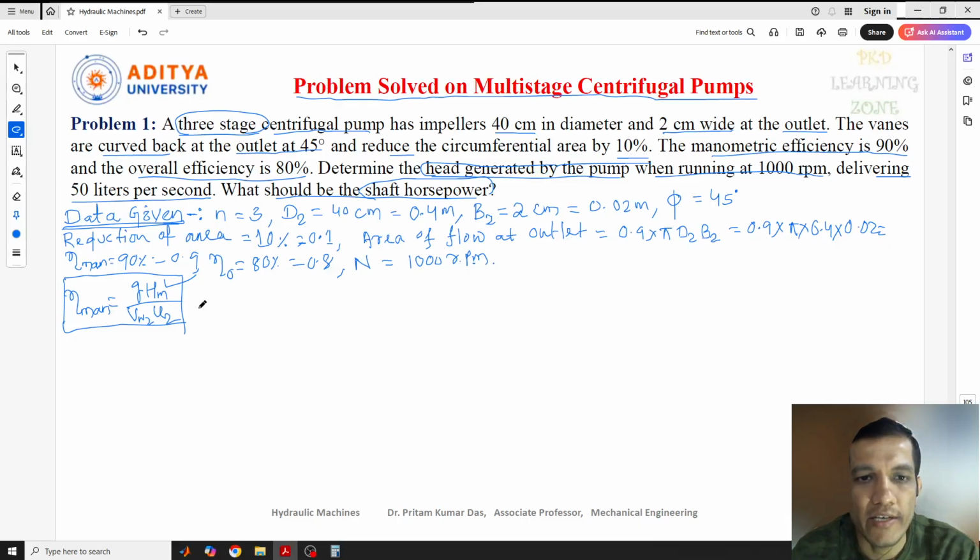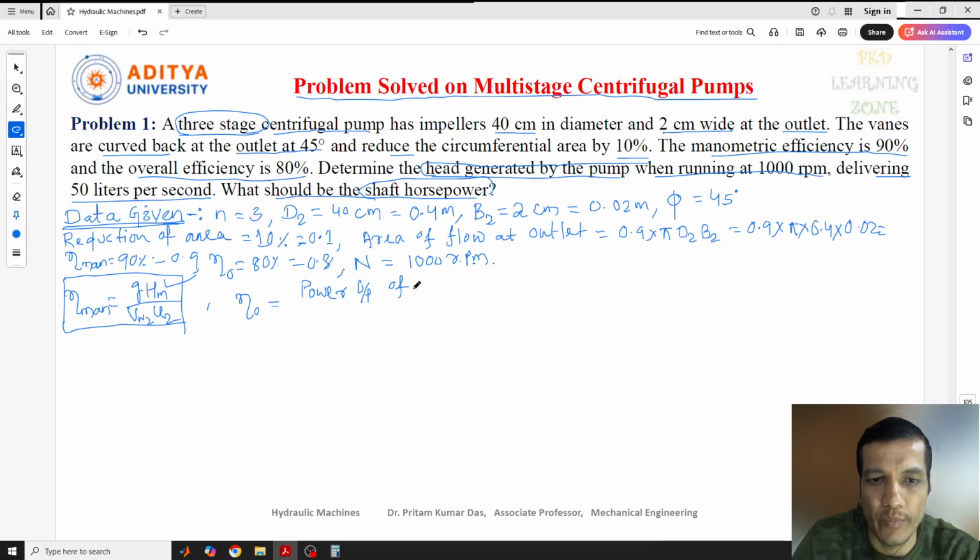And the next one is the shaft horsepower required. We can calculate that from the overall efficiency. So we can write overall efficiency equals power output of pump by power input of pump, like efficiency equals output by input.